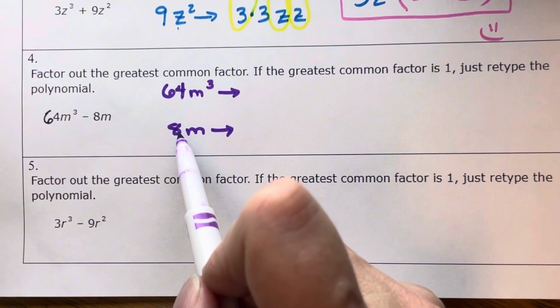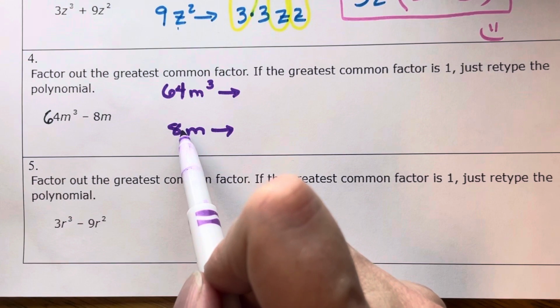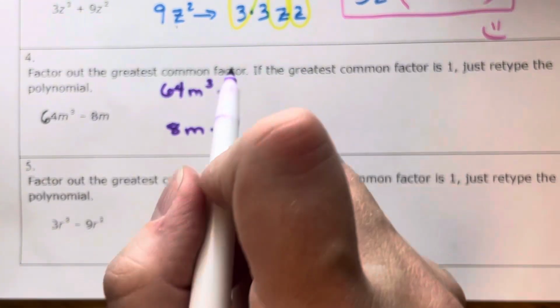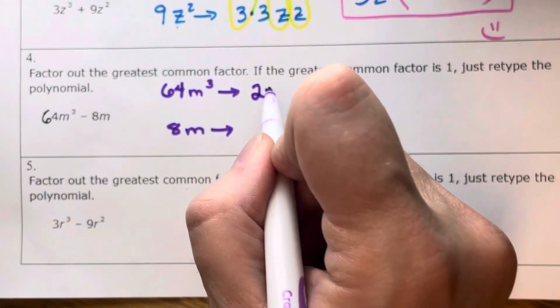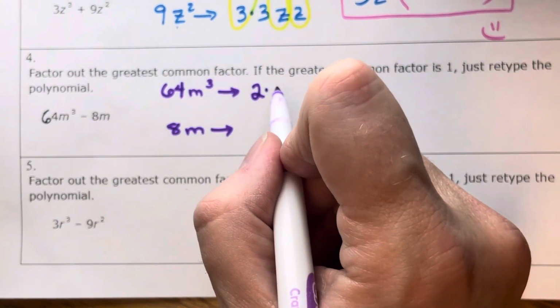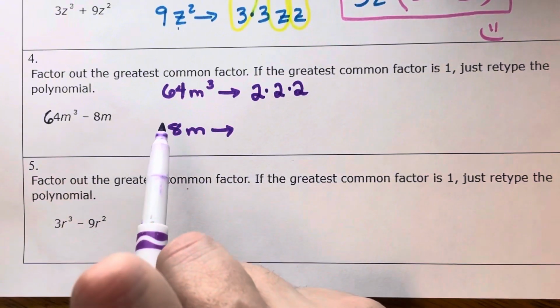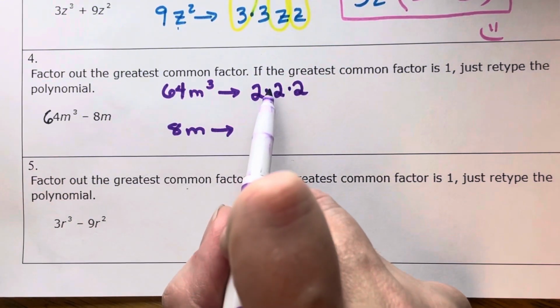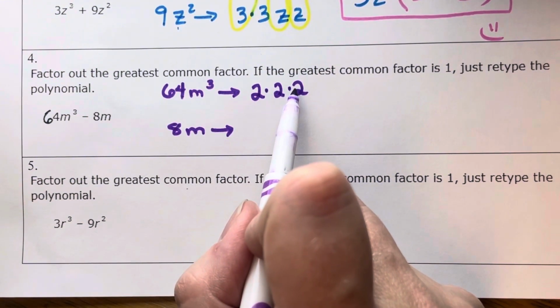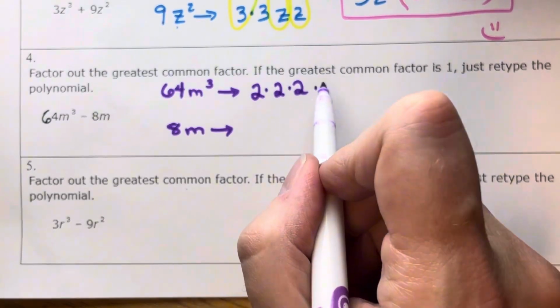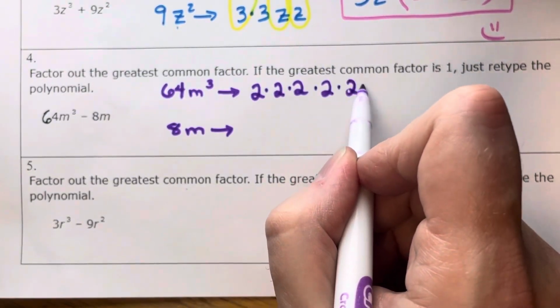But where does 8 come from? 8 comes from 2 times 4. Well, 2 is prime, but 4 is not. So 4 comes from 2 times 2. And then we said it was 8 times 8. 2 times 2 times 2 makes 8. And we have another set of 2's for that second 8.